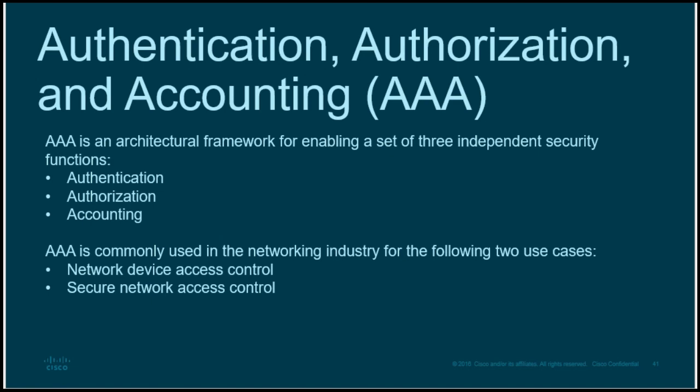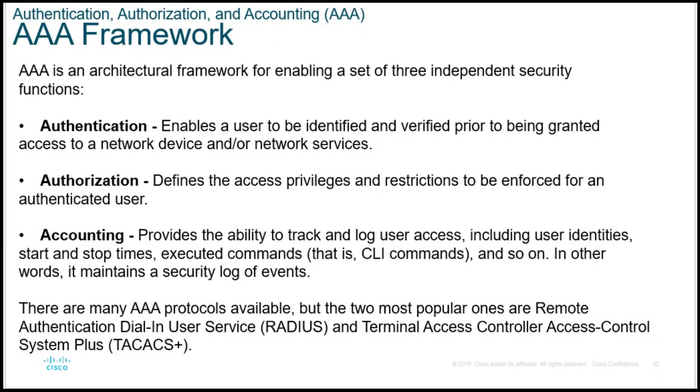The most scalable approach in an organisation is to use an AAA server, because we can use it in several aspects, which means we can implement AAA on your network device and also the network access. AAA is basically a framework for us to implement security functions in terms of authentication, authorization and accounting. We use this framework as a guideline for any protocol that wants to implement authentication, authorization and accounting.